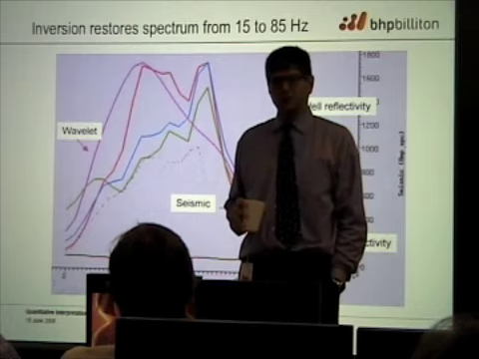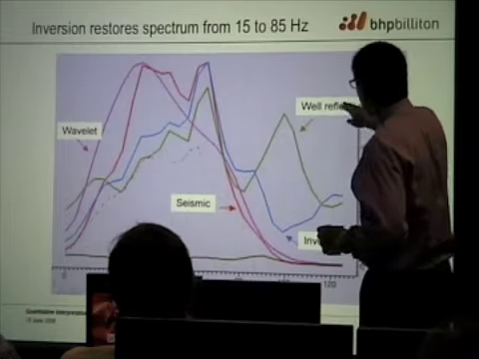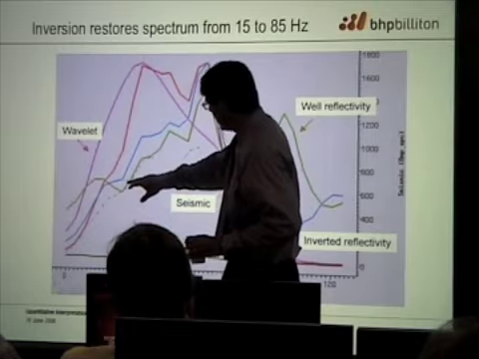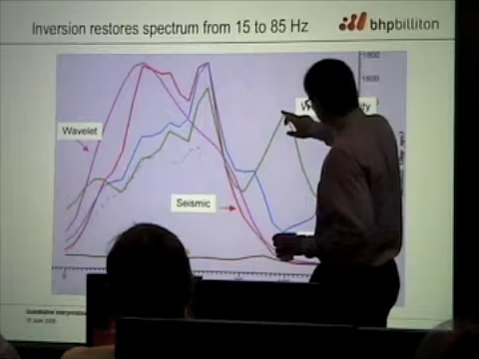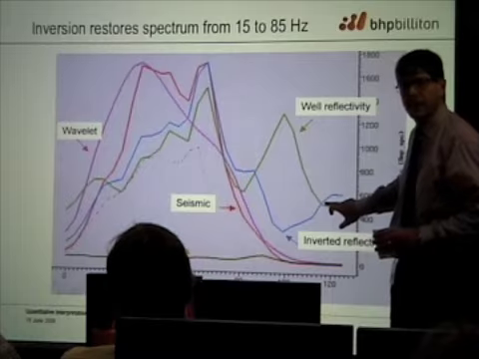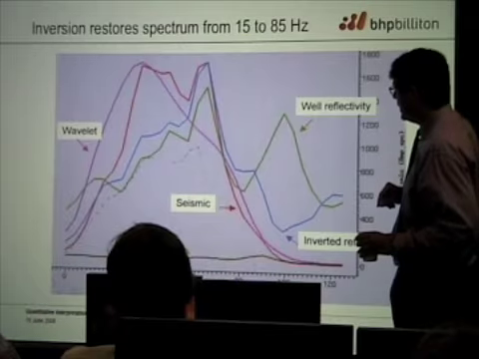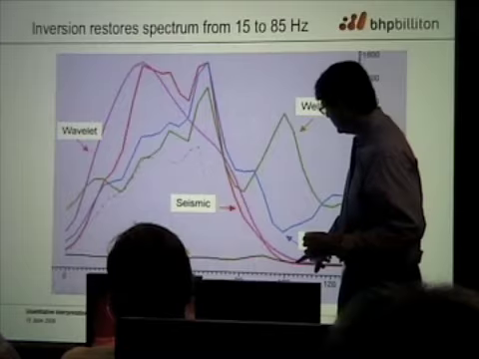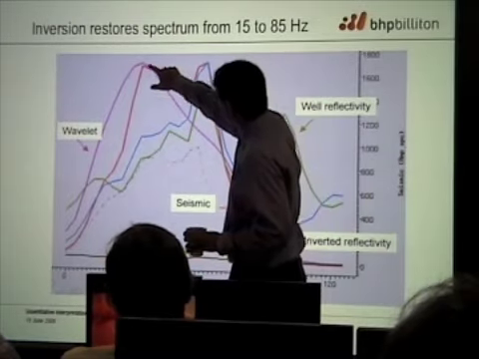We're trying to restore the spectrum to what the well is. If you take a look at the well reflectivity as a function of frequency, it looks like this. It's the green line. Now, if we take a look at the seismic data, that ends up being the red line.